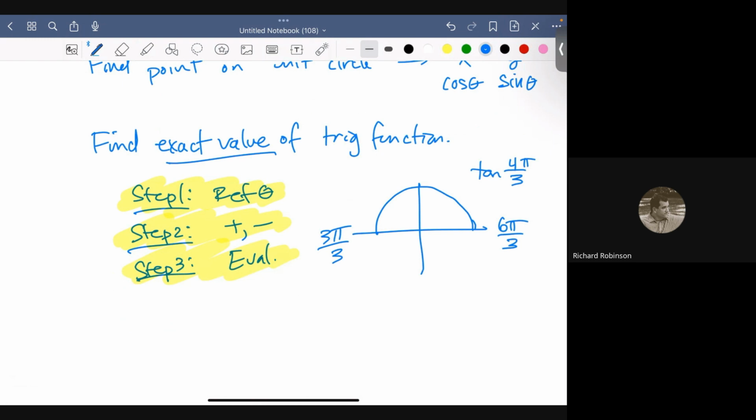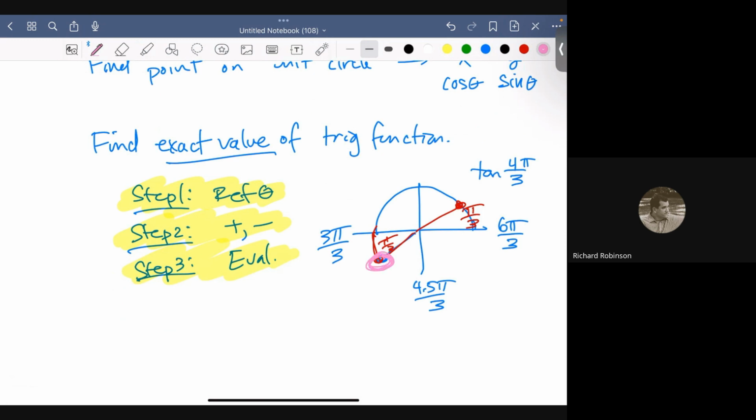So halfway in between 3 and 6 is 4.5. So that means that 4 pi over 3 is in this quadrant. So step one is to find the reference angle. So that means my reference angle is just pi over 3.